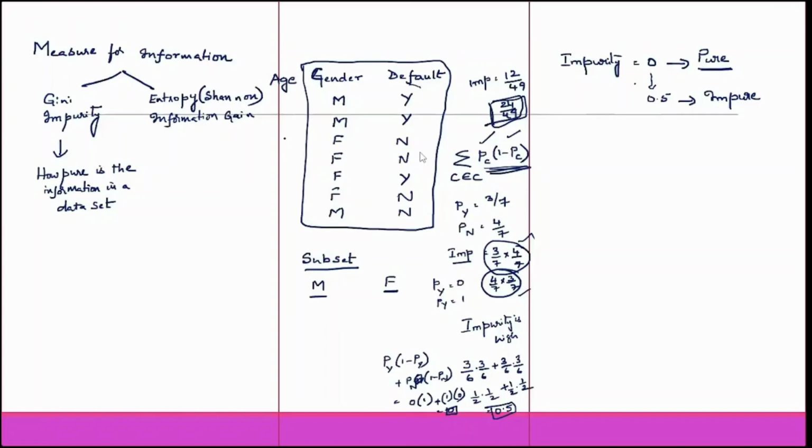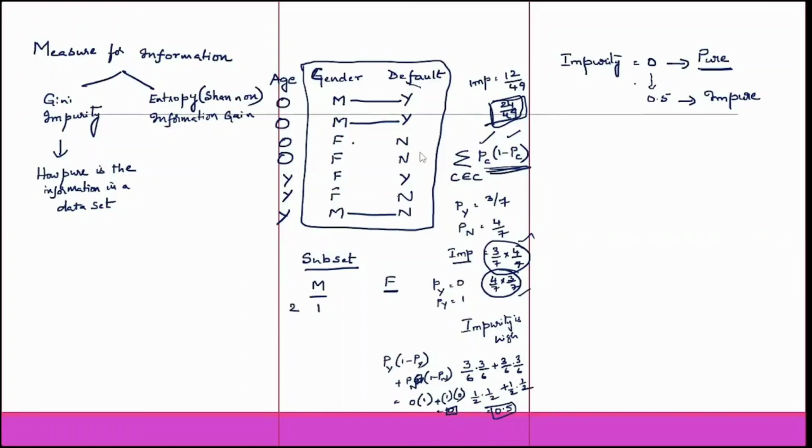I'll simply use 4 old and 3 young. So let's say now I do a subset on splitting. I do a subset on males. Now just look at the males data. There are only 3 males in the data. Out of that, 2 are yes and 1 is no.